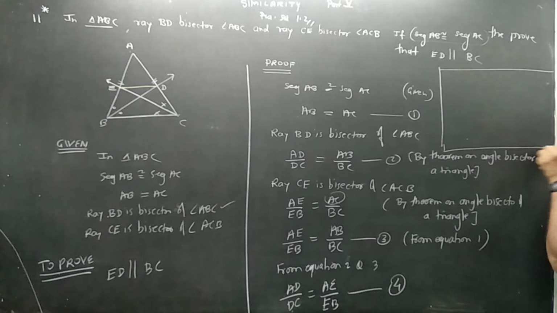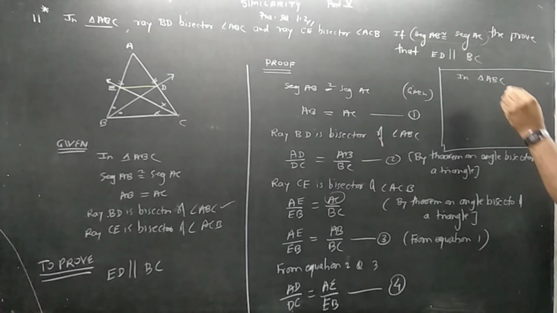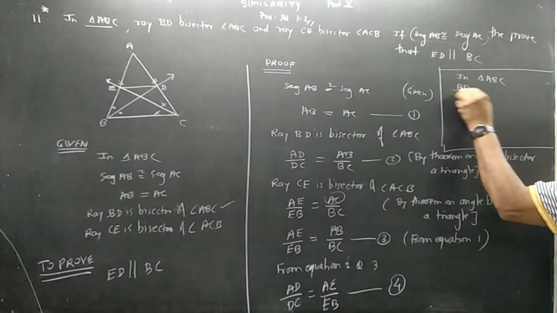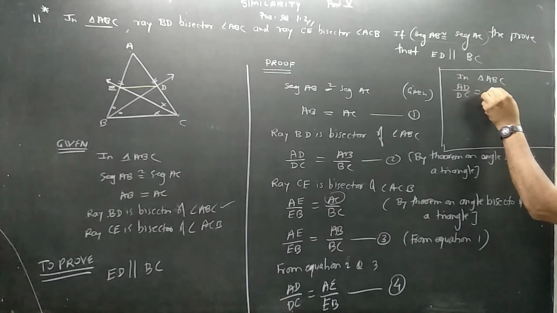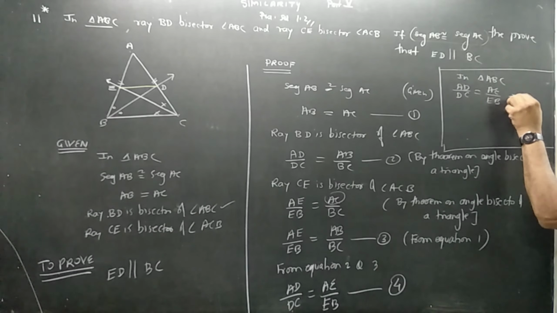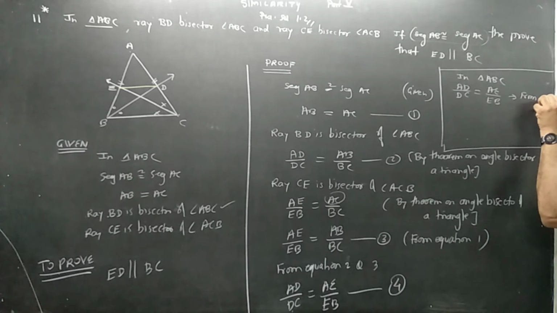So in triangle ABC, AD upon DC is equal to AE upon EB from equation 4.